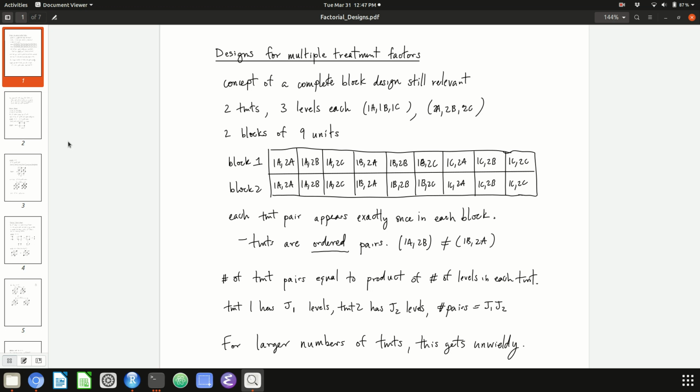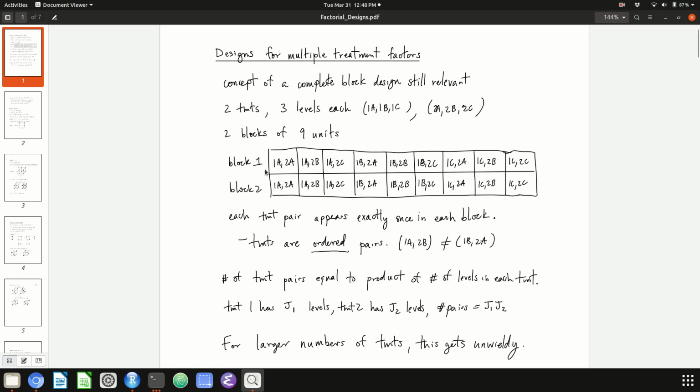The first treatment will denote the levels as 1A, 1B, 1C, and the second treatment will denote the levels 2A, 2B, 2C. And if we have 18 units, we can divide the units into 2 blocks, each one having 9 units.